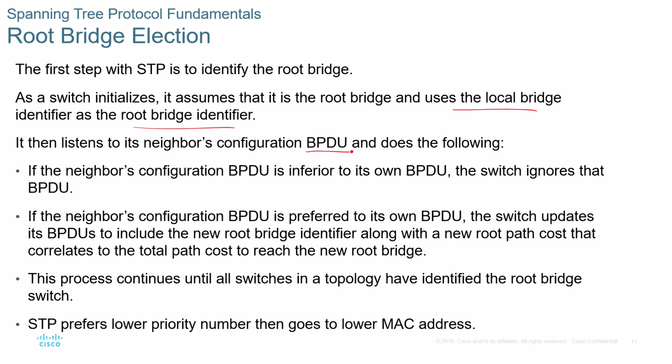If the neighbor's configuration BPDU is inferior to its own, the switch will ignore it. If the neighbor's configuration BPDU is preferred to its own, the switch will update its local table to replace the root bridge identifier, and this will propagate.